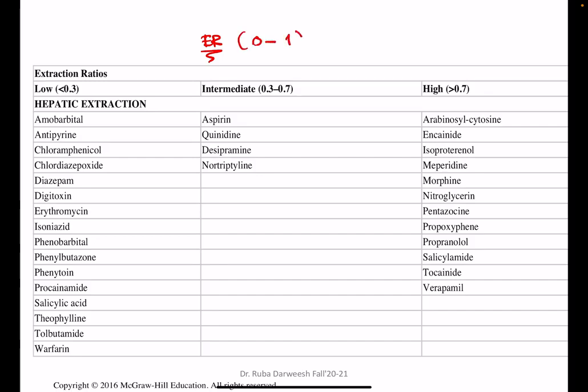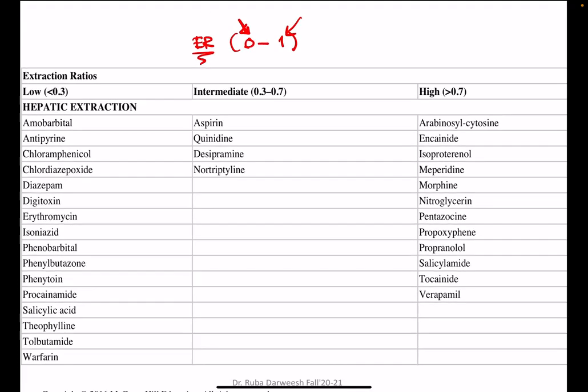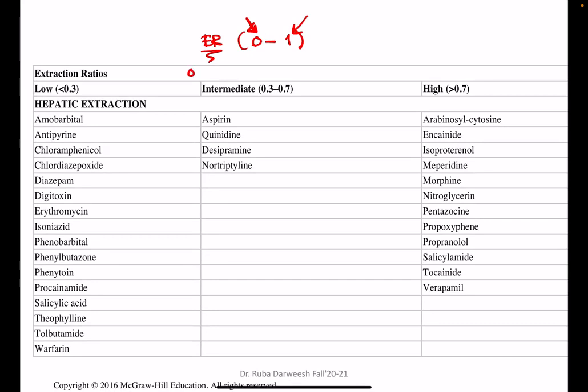The range of the extraction ratio is from 0 to 1. We said this is non-eliminating and this is 100% eliminating.